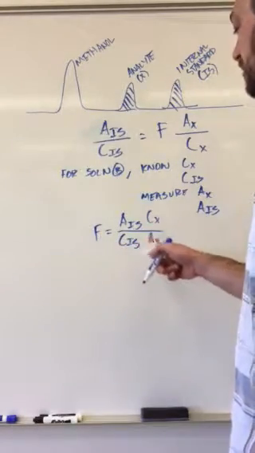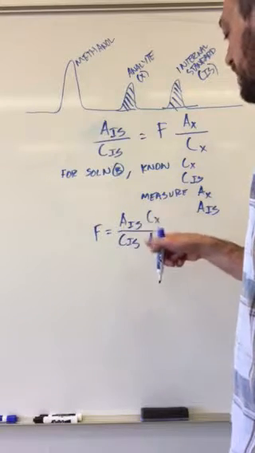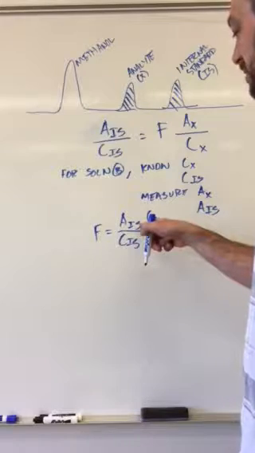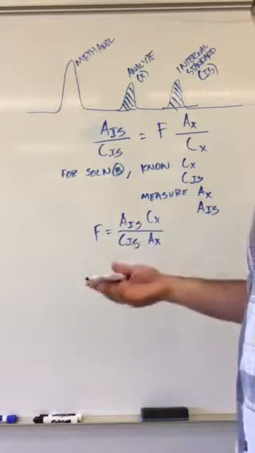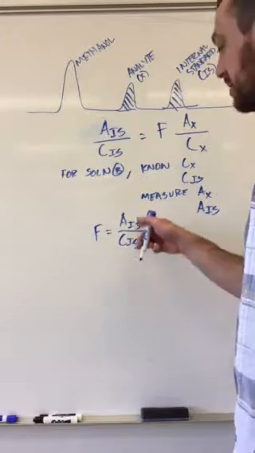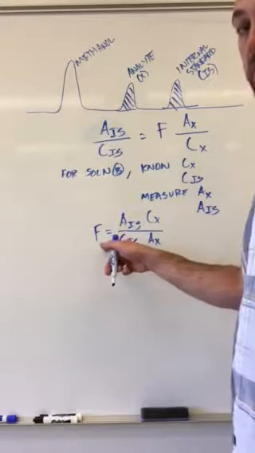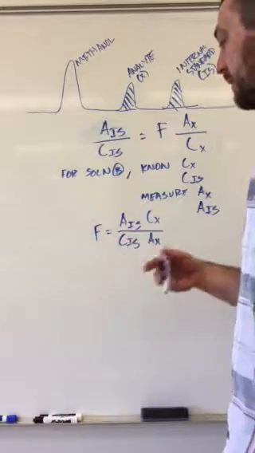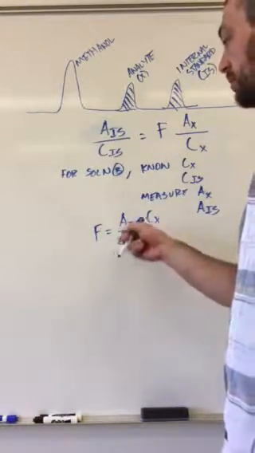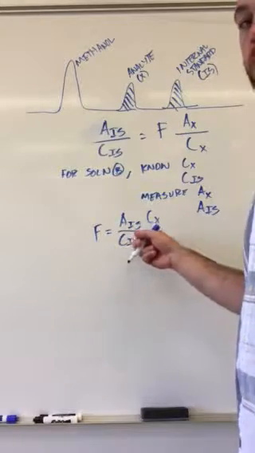So in this case, you can see that because the area of the internal standard is ratioed to the area of the analyte, if the area of the internal standard goes up because you're injecting more, then this is going to go up, and it's going to go up by the same amount, and so that's going to cancel out. So this factor is going to remain the same. And that's the real power of the internal standard. So in the next one, I'll talk about using this for the solution C calculations.